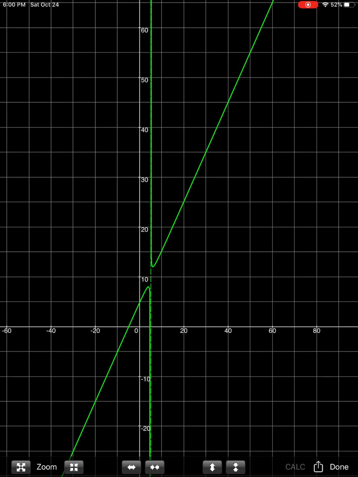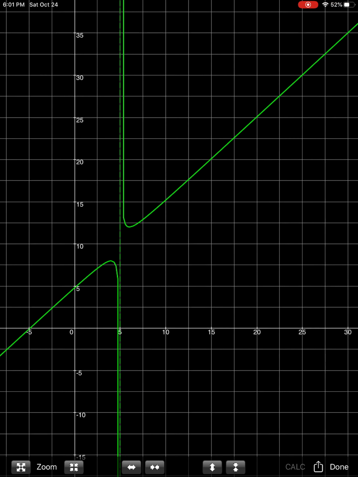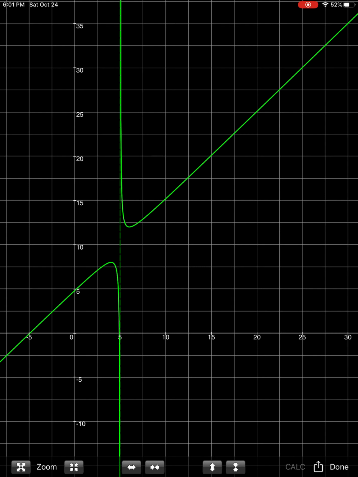Okay, so as y'all can see here, that dashed line, that's the vertical asymptote. That's where the function is undefined.